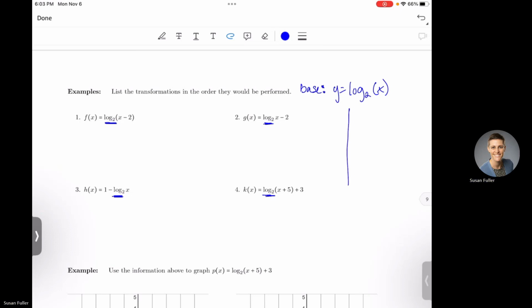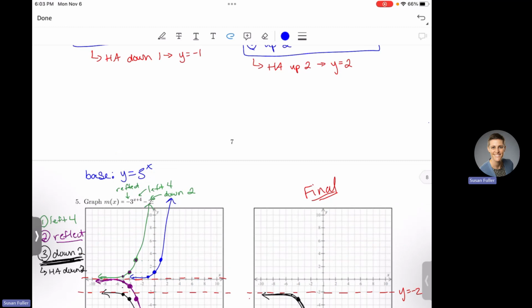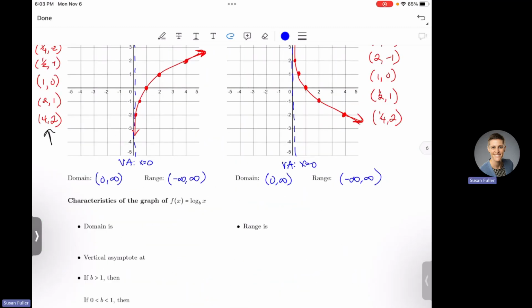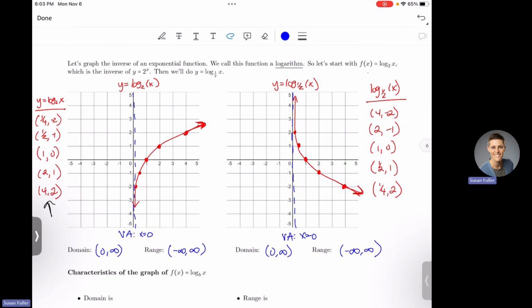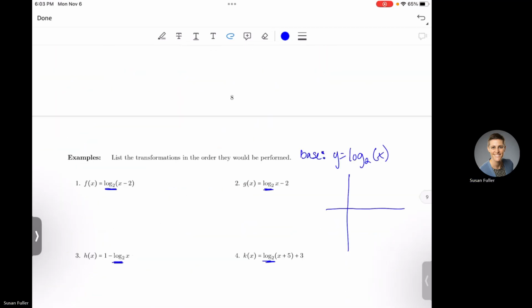And we graphed this right up here, log base 2. Here we go. Log base 2 of x is right here. So notice that (1/2, -1), (1, 0), and (2, 1) are points on our graph.